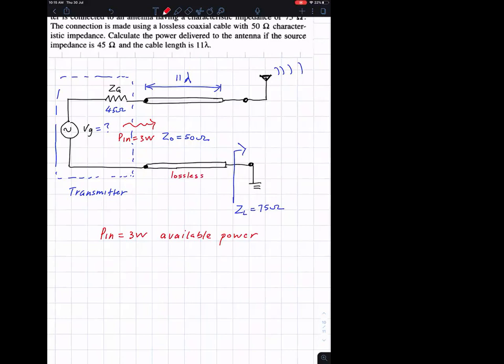In most of these examples, it's going to be a lossless transmission line. If it's a lossy transmission line, the calculation will become more complicated. For simplicity, we just leave it as lossless.